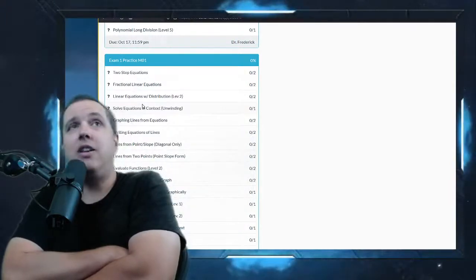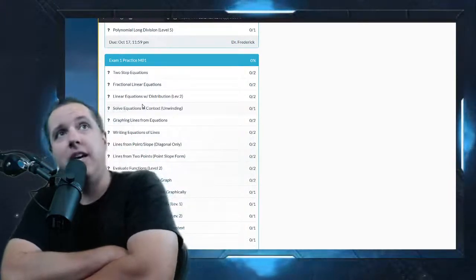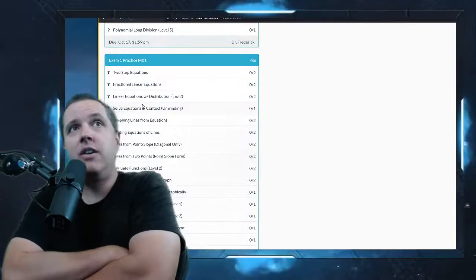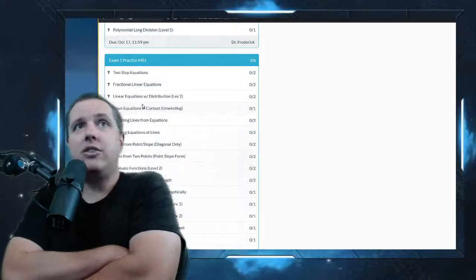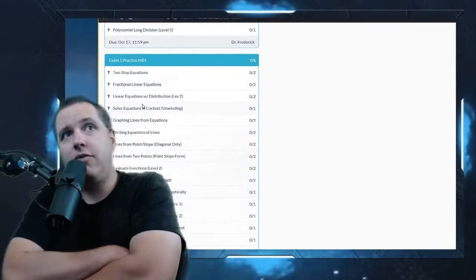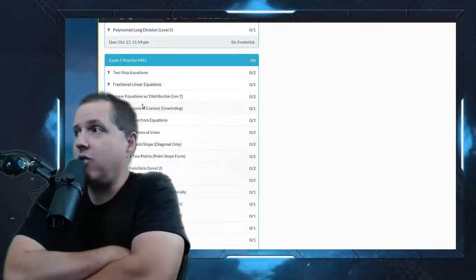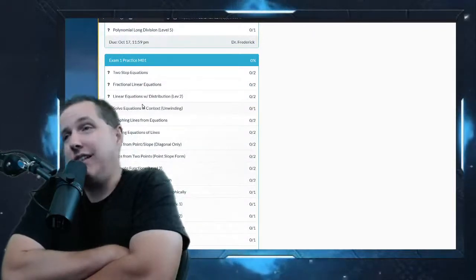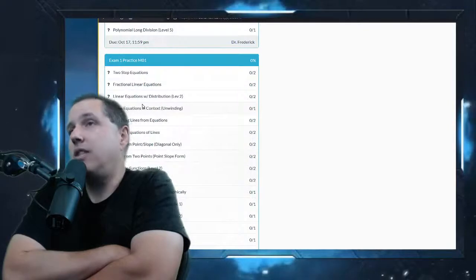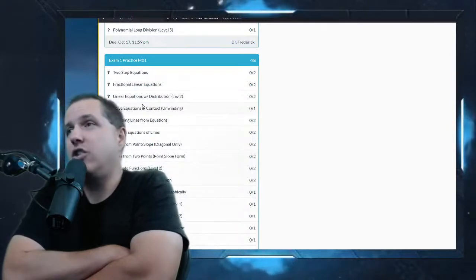It's got lines, equations of lines, graphing lines. It's got functions, evaluating functions, both algebraically and graphically. It's got linear systems, solving systems of equations, linear inequalities. It's kind of everything we've covered. So in a sense, it pretty much covers everything. But the test will be by and large similar to this.